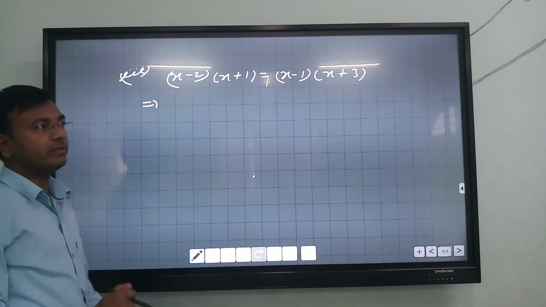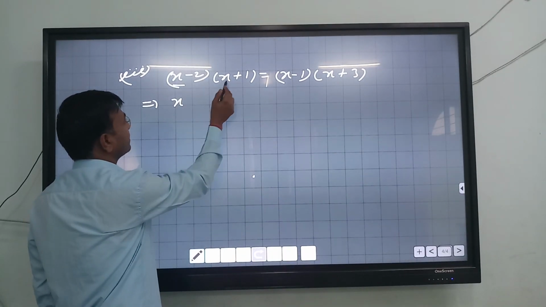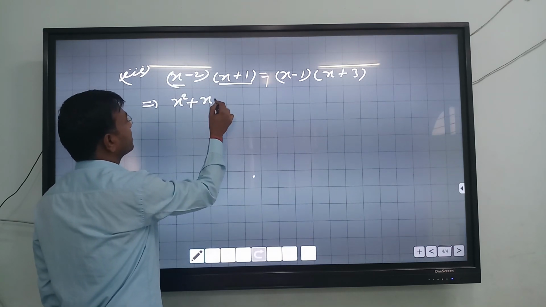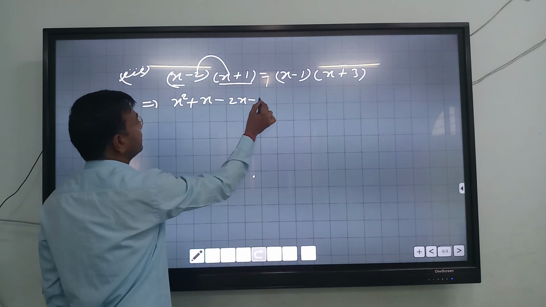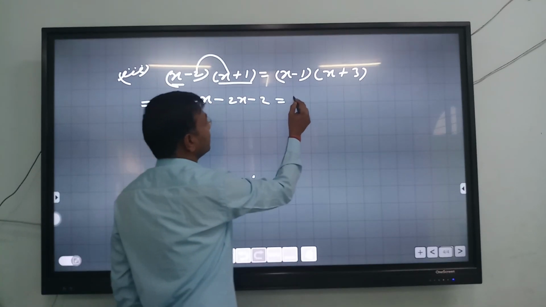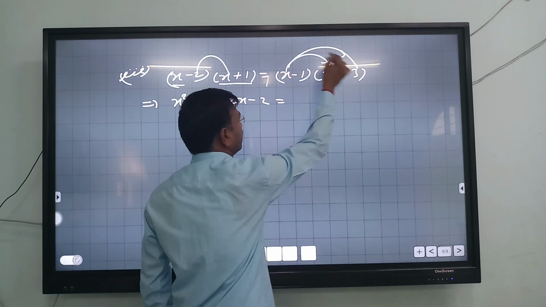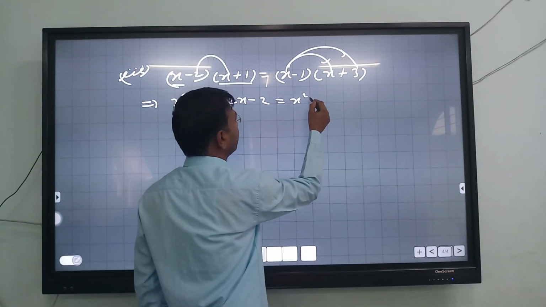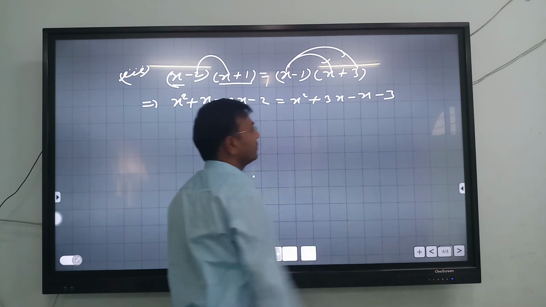On simplifying this, we get x multiplied by x plus 1, so x square plus x, minus, now we multiply this, 2x minus 2, equals x multiplied with both the terms, so x square plus 3x minus x minus 3.